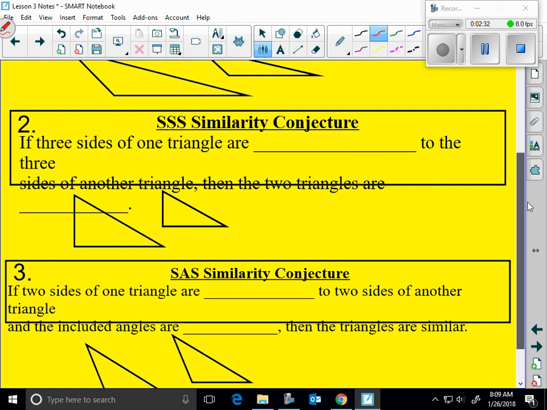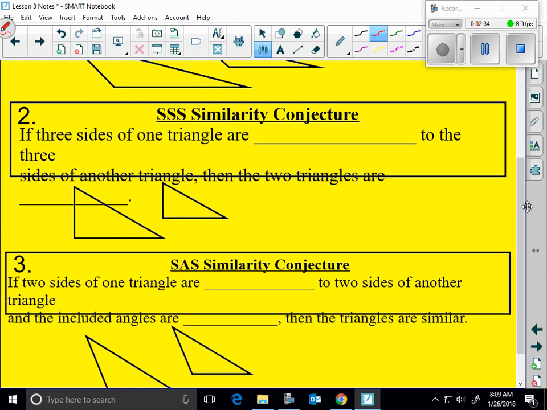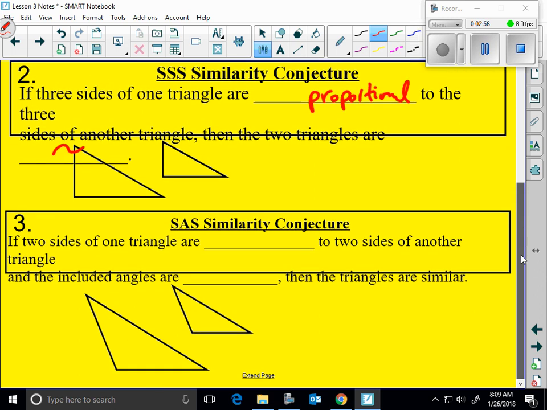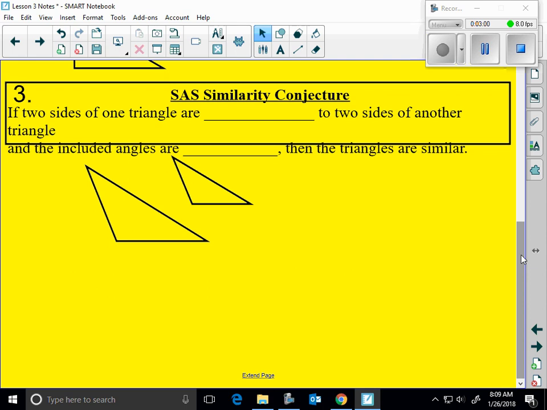Side similarity. If 3 sides of one triangle are proportional to the 3 sides of another triangle, then the 2 triangles are similar. So I can either check just 2 angles, I could check all 3 sides, or the last one, and this is the one that kind of hangs some students up a little bit, is the wording.